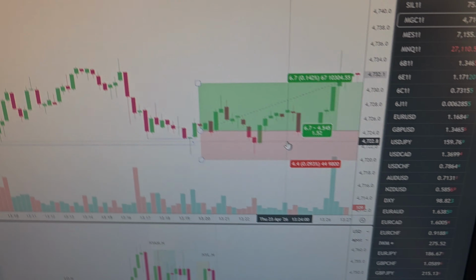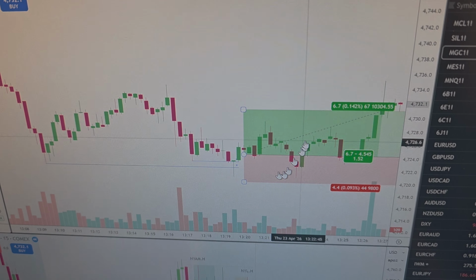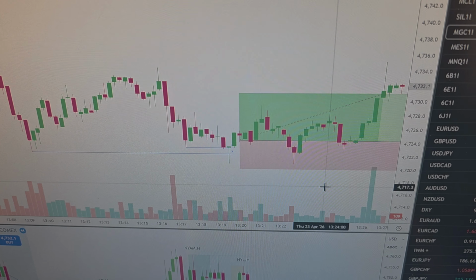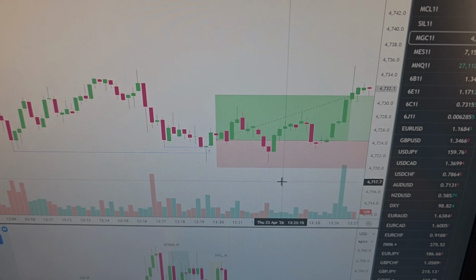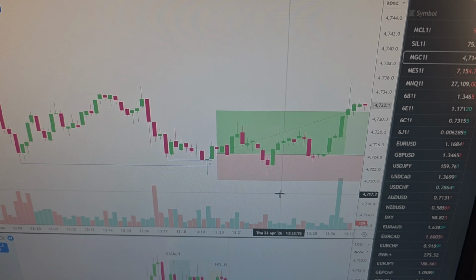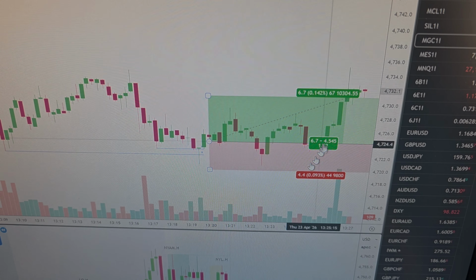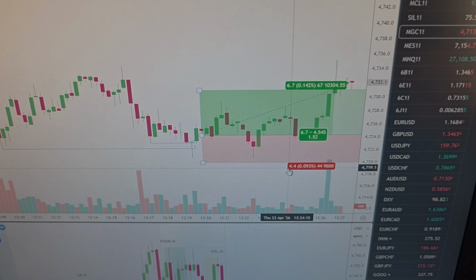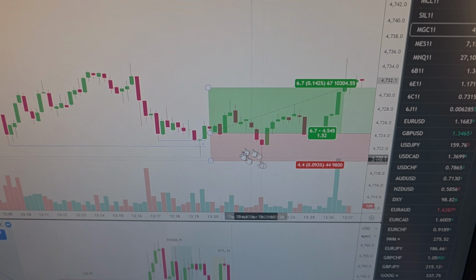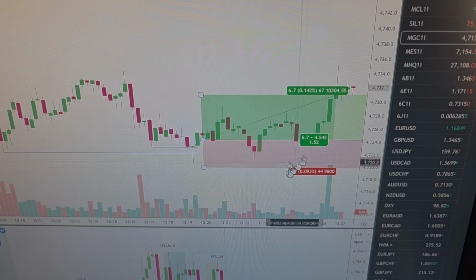So the whole idea of doing the 1 to 1.5 is that we can just turn off the computer and leave it alone and let it go to target, and that's really what's going to make our trading easier. And as you can see, messing about with it doesn't make it any better.